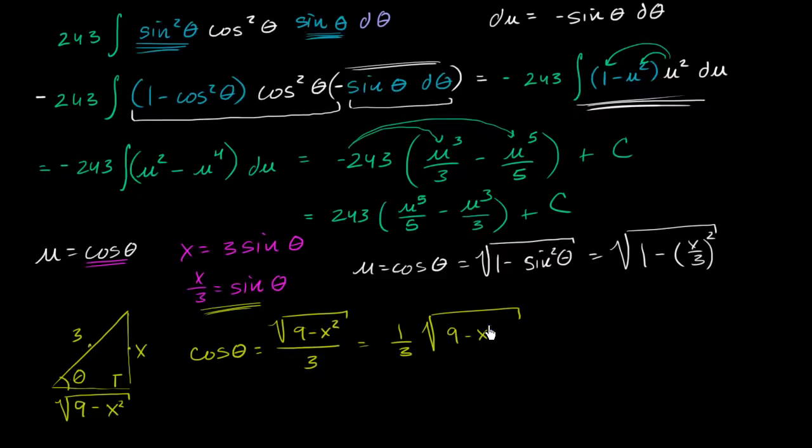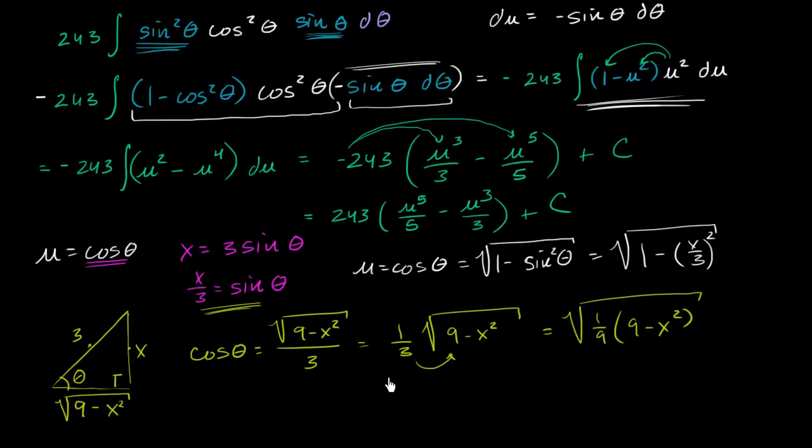Which is the same thing if we square 1/3 and put it into the radical. 1/3 is the same thing as the square root of 1/9. So we can rewrite this as the square root of 1/9 times 9 minus x squared. Essentially we just brought the 1/3 into the radical. Now it's 1/9.